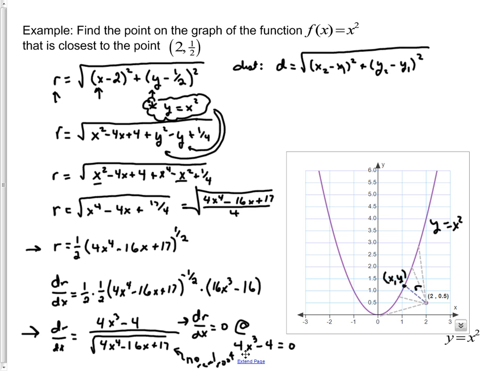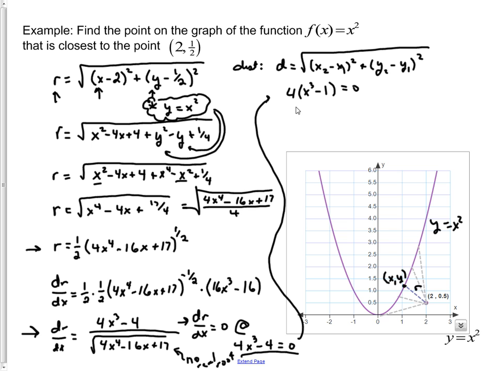All right, so let's take 4x cubed minus 4, the numerator, set it equal to 0, and solve where that happens. So I'm going to do that all the way up here. 4 times x cubed minus 4 is the same thing as 4 times x cubed minus 1. I set that equal to 0.